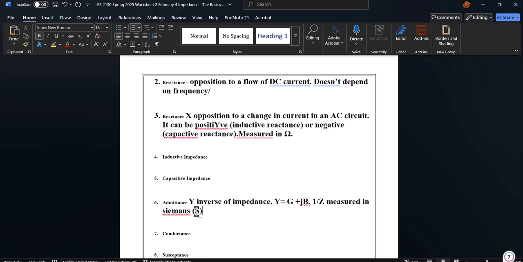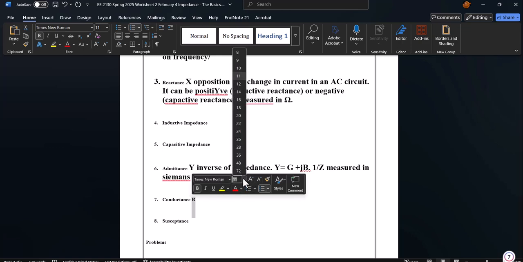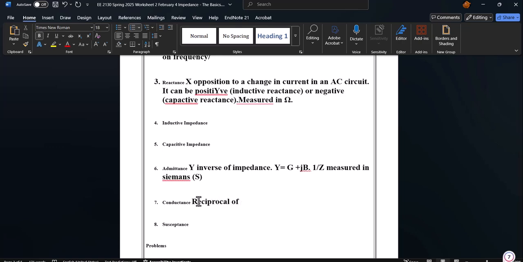You take enough EE classes, you'll find that there are some instructors who really like to use conductance instead of resistance. So conductance is the reciprocal. It says inverse, but I think I'll say reciprocal of resistance, which makes sense. If R is resisting, if you take the reciprocal of it, it's conducting, and its symbol is G.